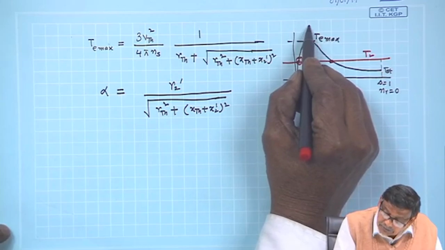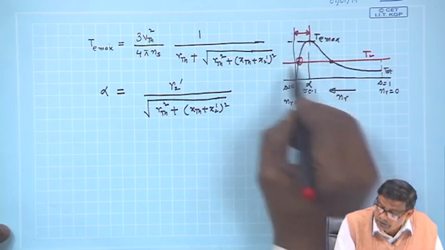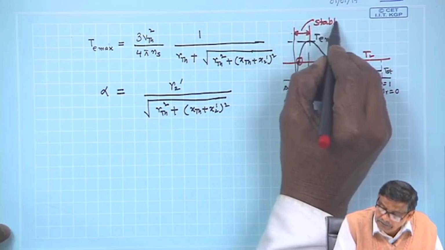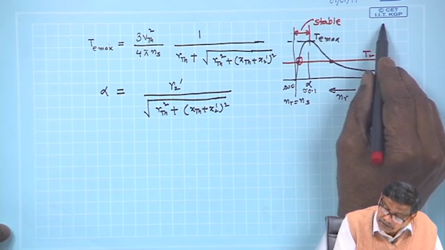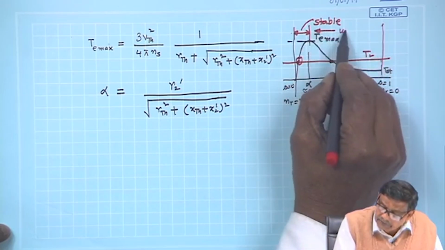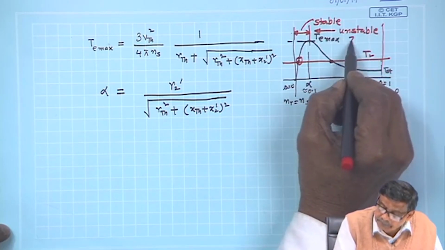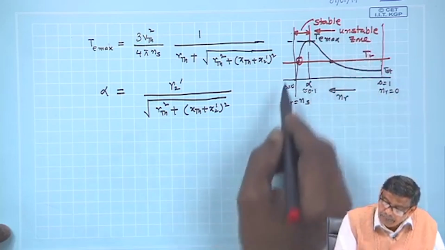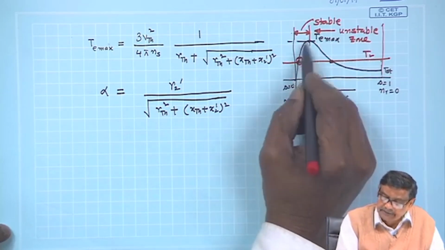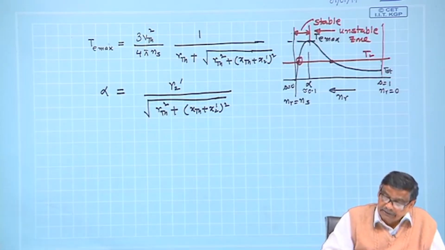And last time I told, therefore, this zone for a constant load torque like this is the stable zone, and this one is the unstable zone. And the motor will operate primarily in this steep portion of the torque slip characteristics.